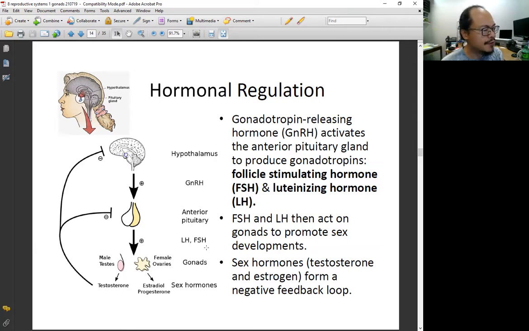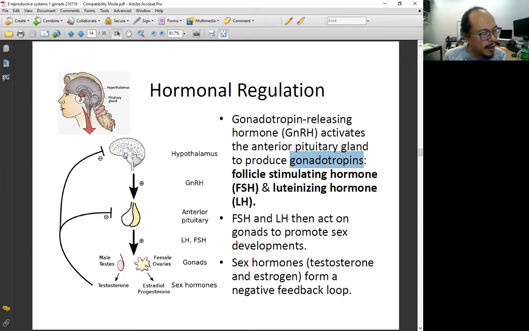These two hormones, FSH and LH, are secreted from the anterior pituitary gland, and that is controlled by the gonadotropin releasing hormone, GnRH, secreted from the hypothalamus. So the hypothalamus produces GnRH, which acts on the anterior pituitary gland to cause it to produce LH and FSH. These are also collectively called the gonadotropins.